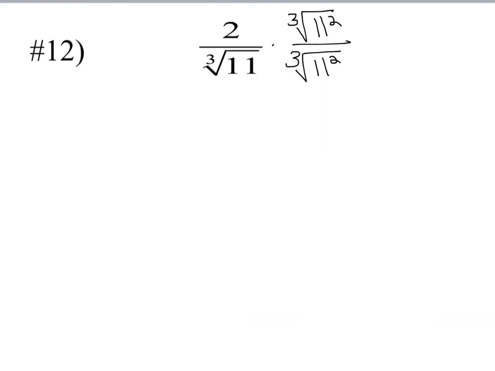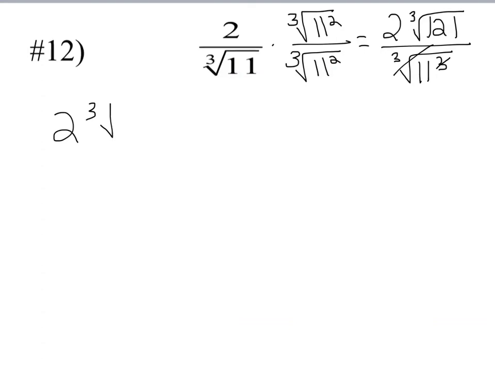So they started me with 1, and so I had to bring 2 more to the table in order to make it cancel. So what happens here is I get 2 times the cube root of 121 over the cube root of 11 cubed. Because I had 1 11 here and I did use 2 more here, that makes my cube root and my cube cancel, leaving me 2 cube root of 121 over 11.